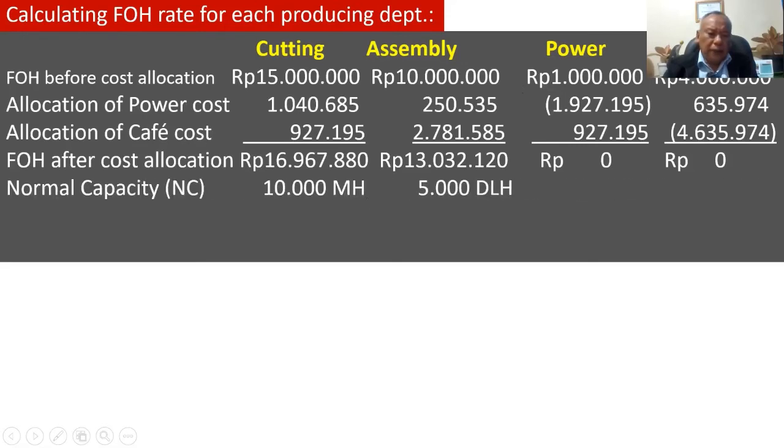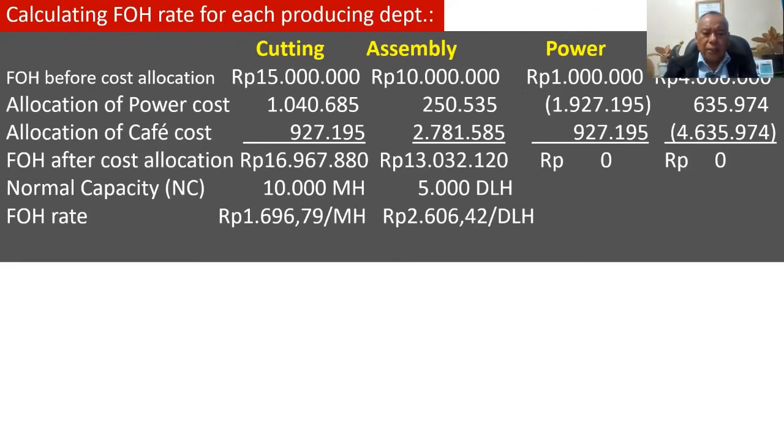And then the total factory overhead cost after cost allocation divided by the normal capacity, we will find the factory overhead rates for each producing department. So in this case, for cutting, 16,967,880 divided by 10,000 machine hours.